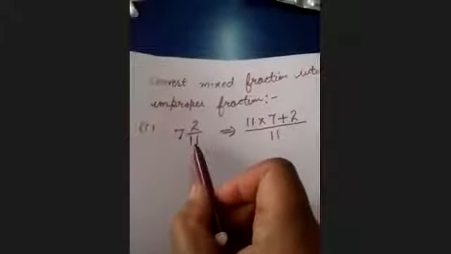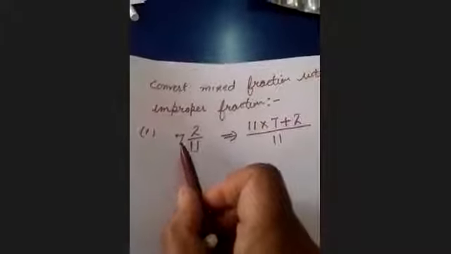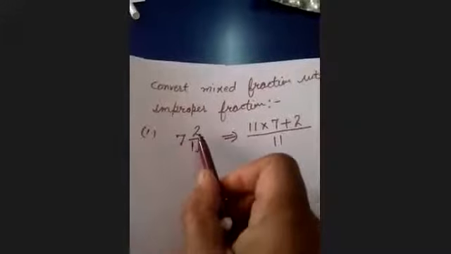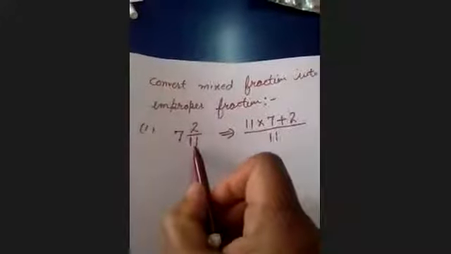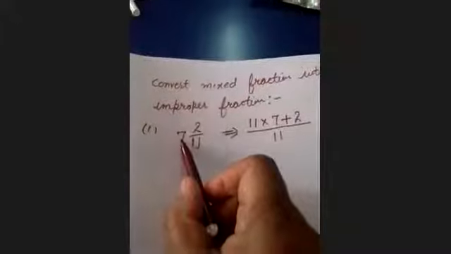Clear, friends? First, we will multiply the denominator with the whole number, then add the numerator. 11 multiplied by 7, then plus 2. Now solve it.